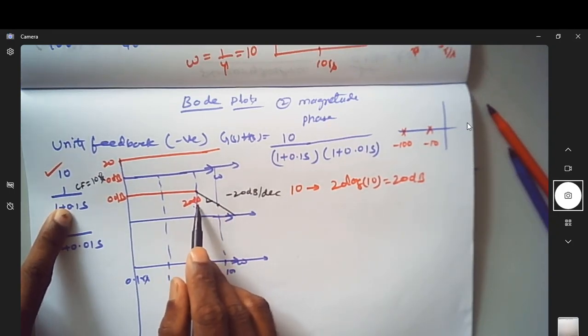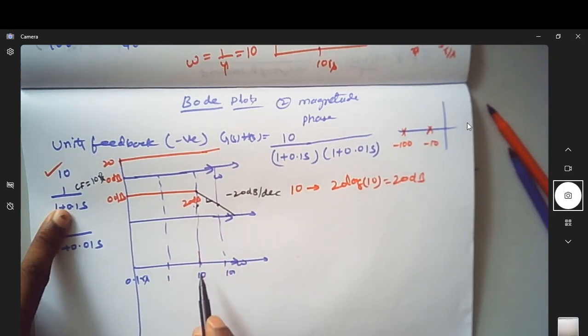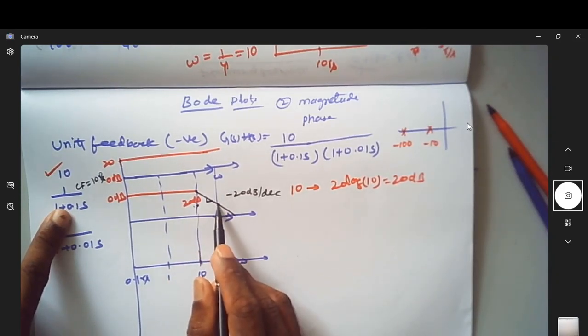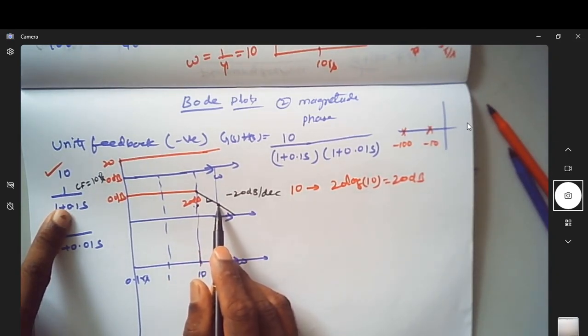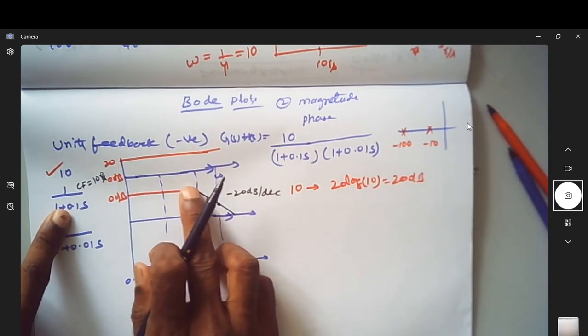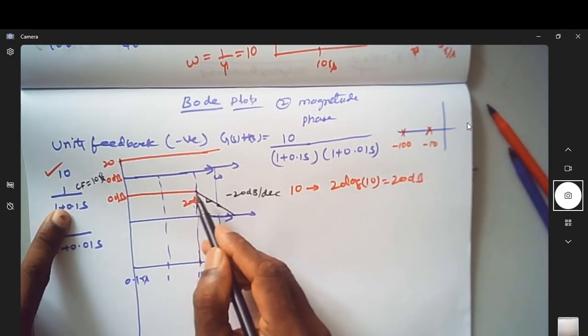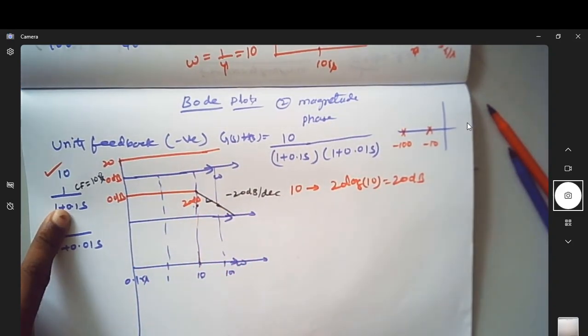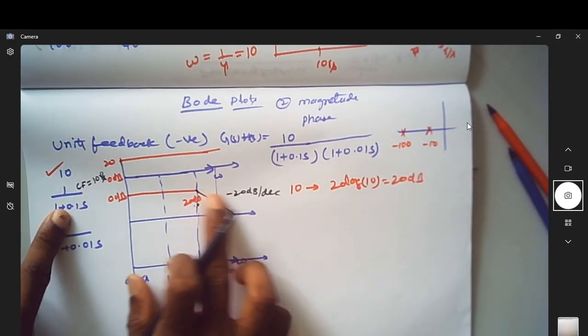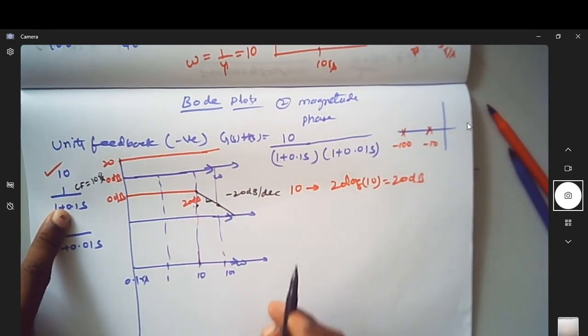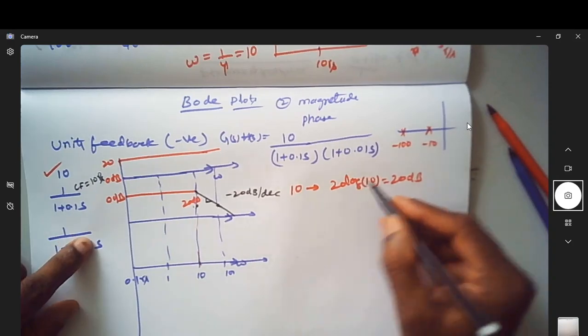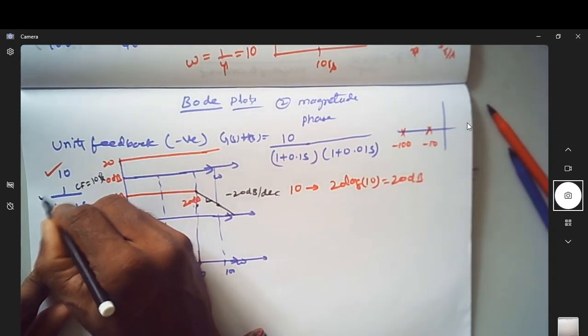When I say 1 decade, make the frequency 10 times. Since you are at 10, you go to 100. Mark this point and join this dot to this dot, letting the line pass through those two dots. So this is a line of minus 20 dB per decade. We are done with this also.